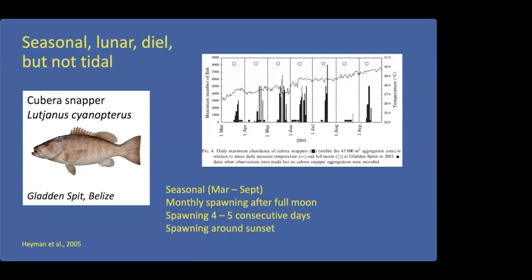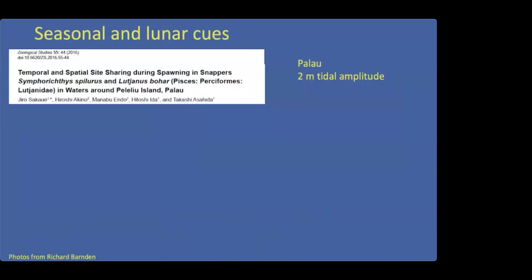And during that time, the tides change dramatically, and yet spawning always takes place right around sunset in those 4 or 5 consecutive days. Therefore, there's no tidal signal, which is not a huge surprise given the microtidal range in that area, only 15 centimeters.